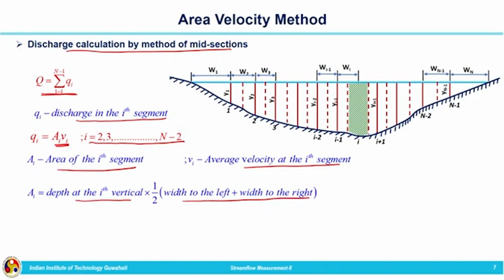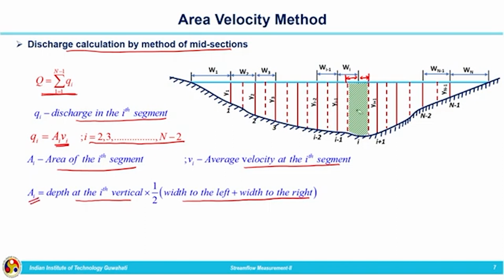Since this is the method of midsection, how we are taking the width is, our section is there, half to the left and half to the right we are taking, and here you can see towards this side and towards this side, half width you are considering, and area is calculated multiplied by the depth. So, that is what is written over here.